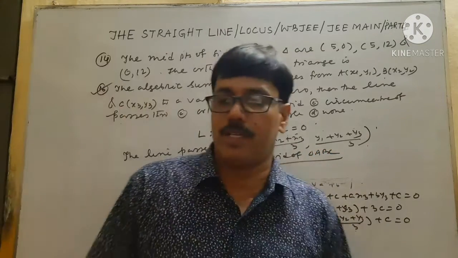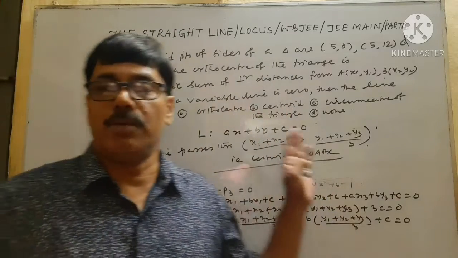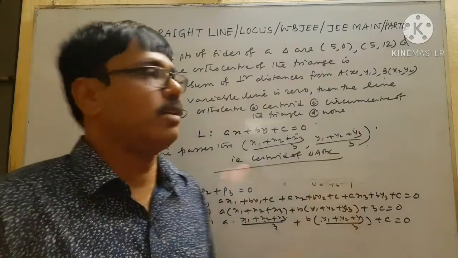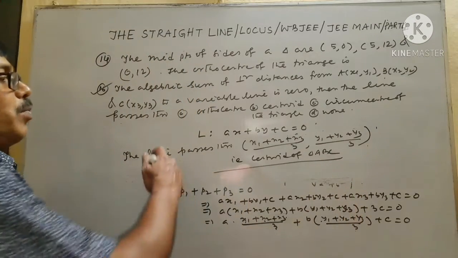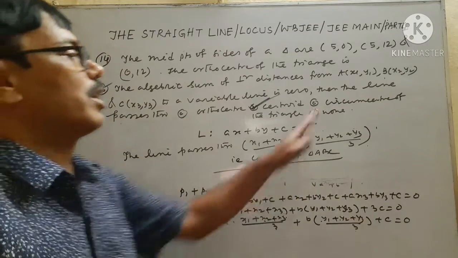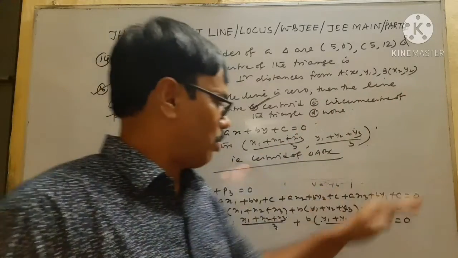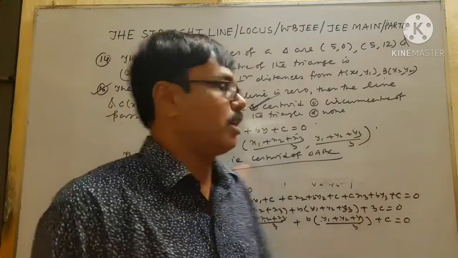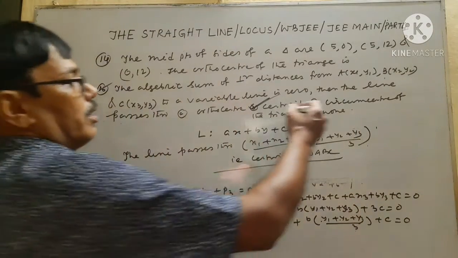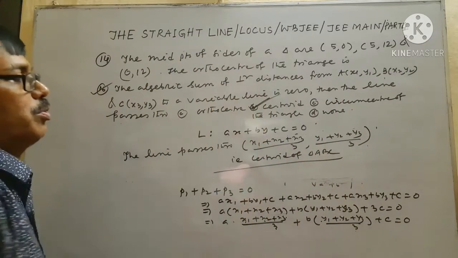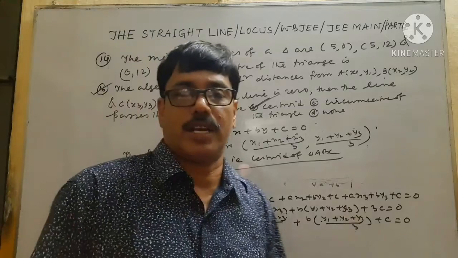So remember this result: if for a variable line the sum of perpendicular distances is 0, then the line passes through the centroid. If points are given, there is no need of solving this. You find the coordinates of the centroid, so the line passes through the centroid of the triangle.